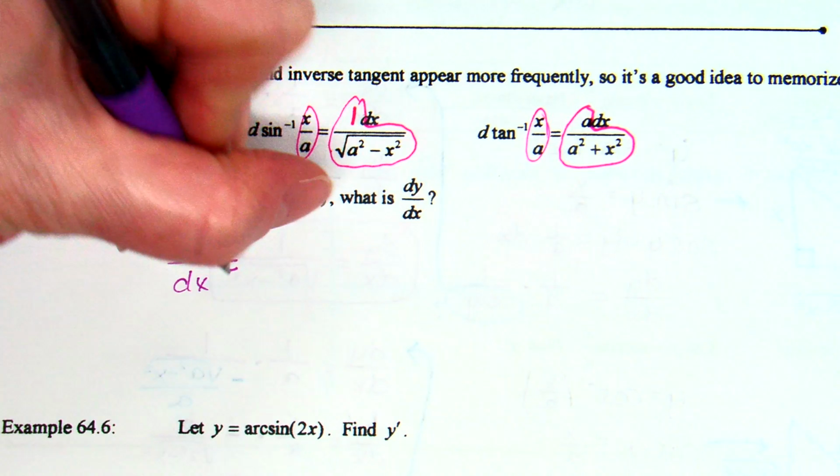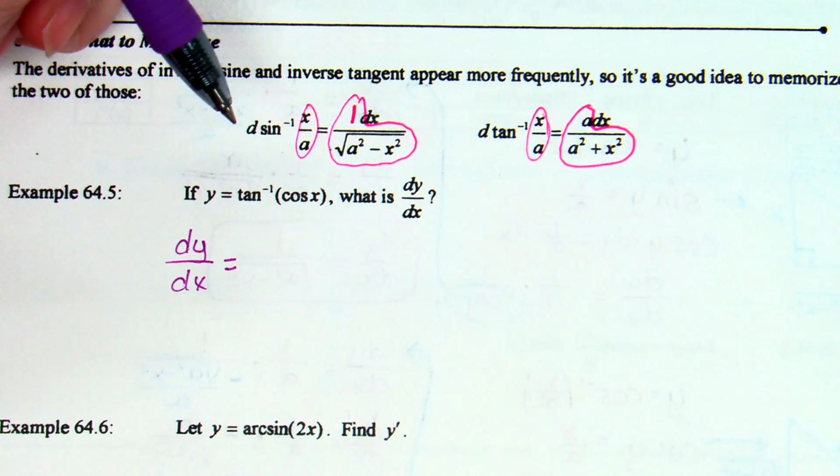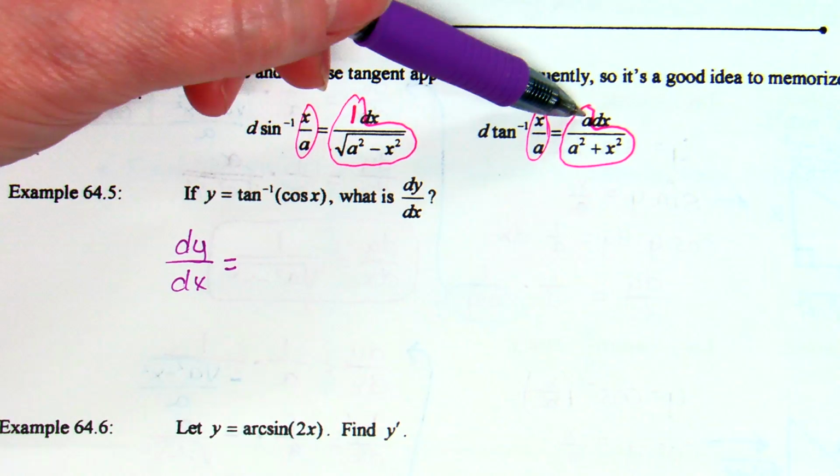Okay, well, so we're being asked, what is the derivative of tan inverse of something? We look up here, it's a over a squared plus x squared. The catch is, what is a and what is x?